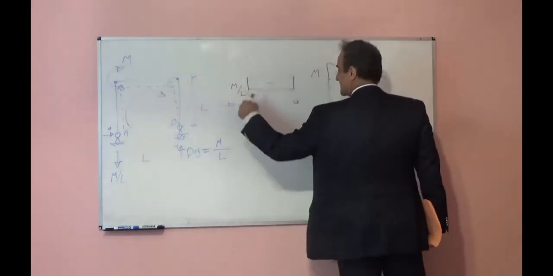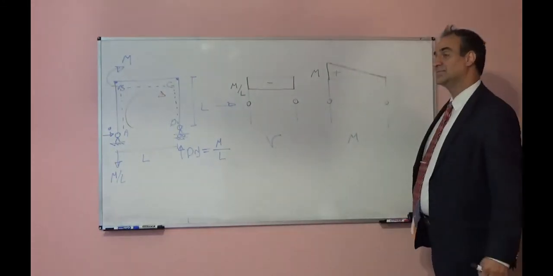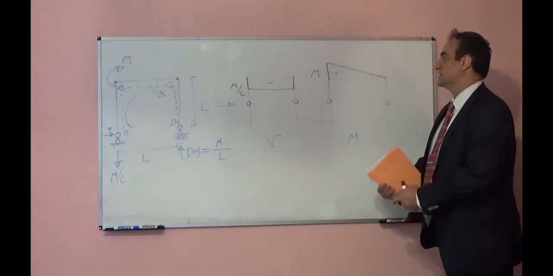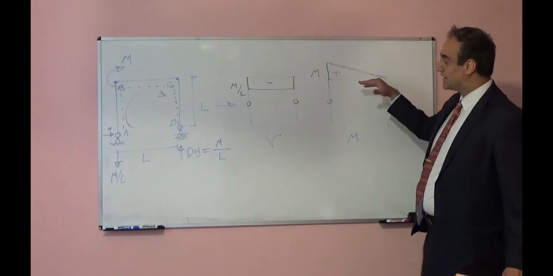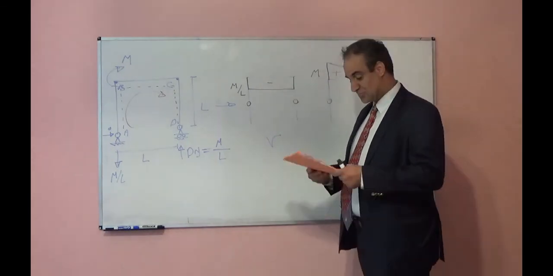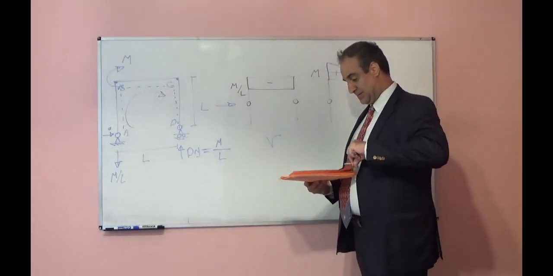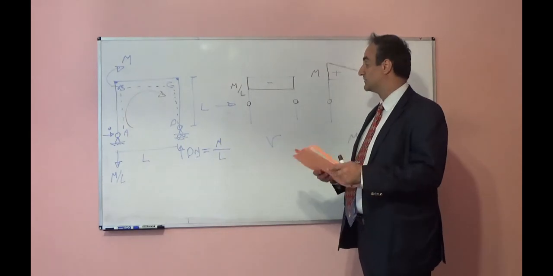That means shear should be negative. The derivative of moment will give us shear force. The derivative of a diagonal line will be a straight line. So that is right. Let's look at the next one.